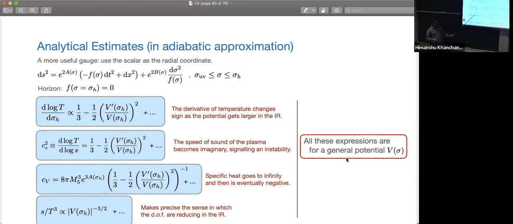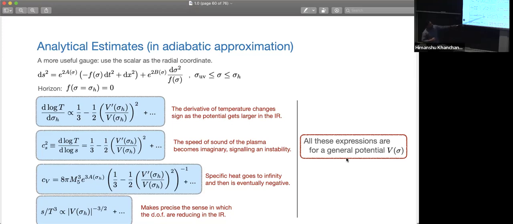You can calculate the specific heat, and it changes sign. You can calculate the entropy over T cubed, which is a measure of degrees of freedom, and this scales as 1 over the potential. This makes clear how N is changing as you go from the UV to the IR. The potential is becoming bigger and bigger in the IR, so 1 over the potential to some power is becoming smaller and smaller.